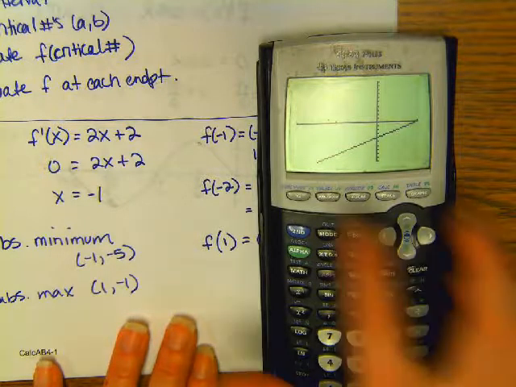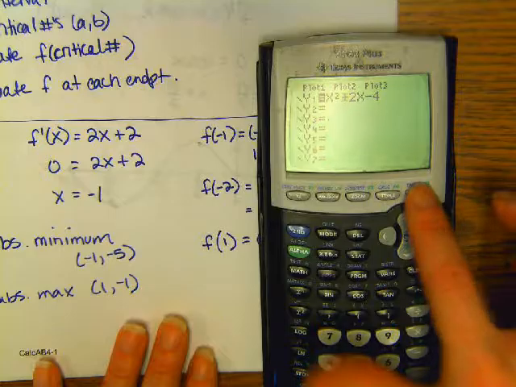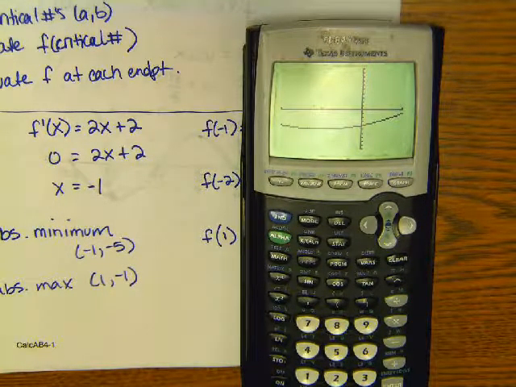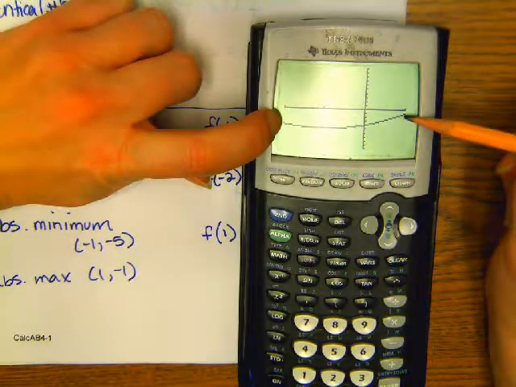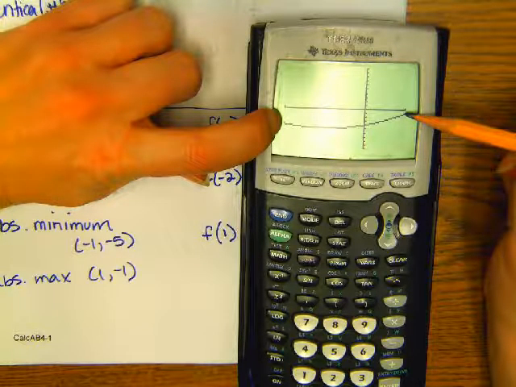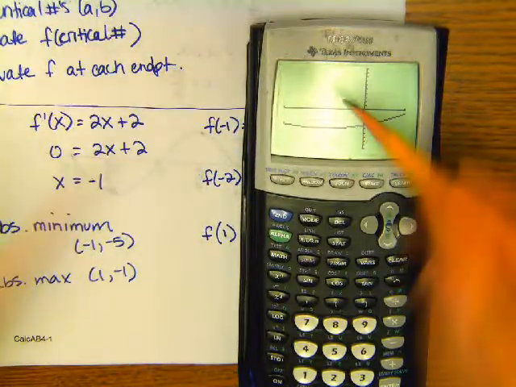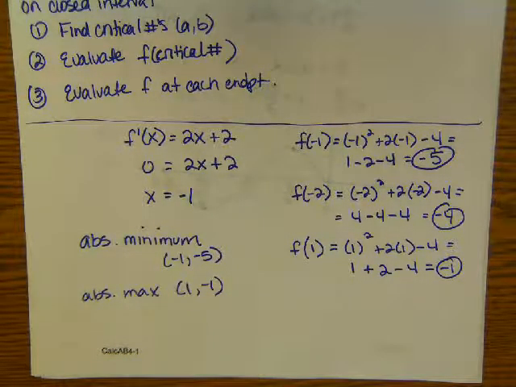Okay, I don't think I put that in right. I did not. x squared, there we go. Okay, so if I was filling this in, here we go. There's the endpoint, there's the endpoint. This is the maximum of that closed interval because it's the highest point, and this was the minimum. But we did that all using critical numbers and the endpoints of the interval.